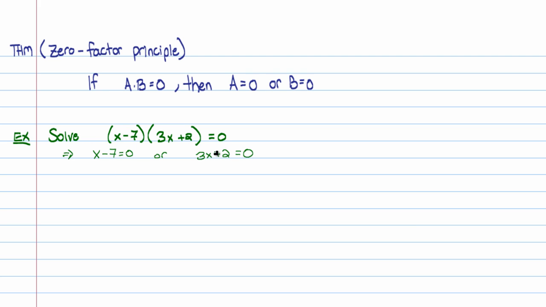Solve these two equations separately. So add 7 to both sides on the leftmost equation. Subtract 2 and divide by 3 in the rightmost equation. And we find out that the solution to this equation is either x equals 7 or x equals negative 2/3. And you can actually check this. You will see that it actually does work.